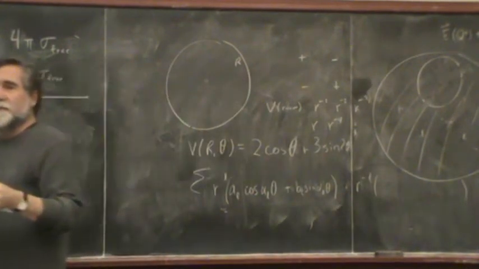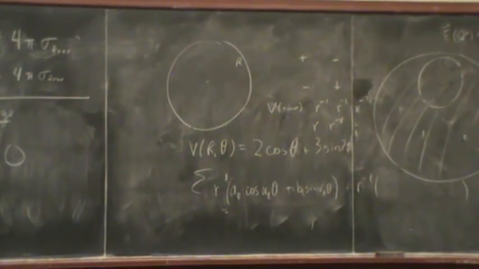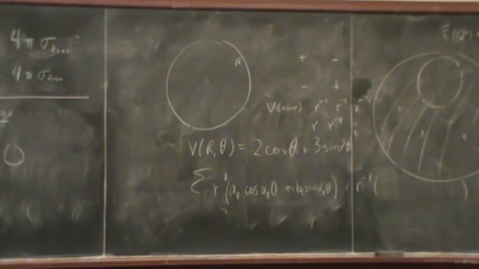Which of those? R to the minus three for the potential. That's a quadrupole. It's R minus three. So it's the next one down.